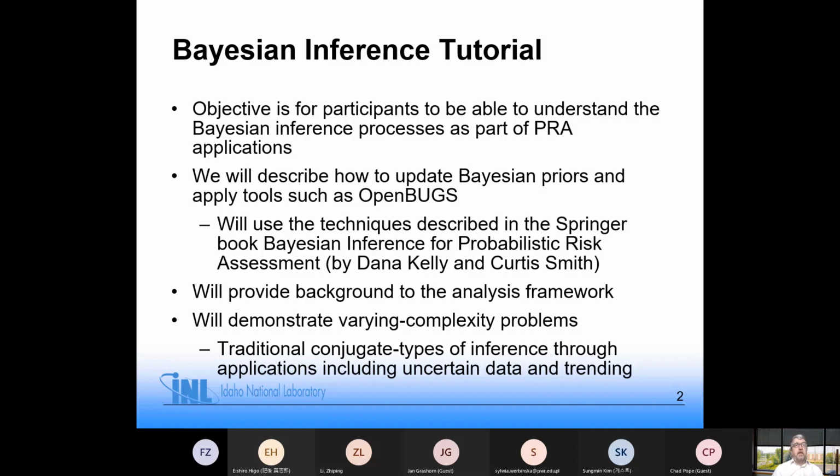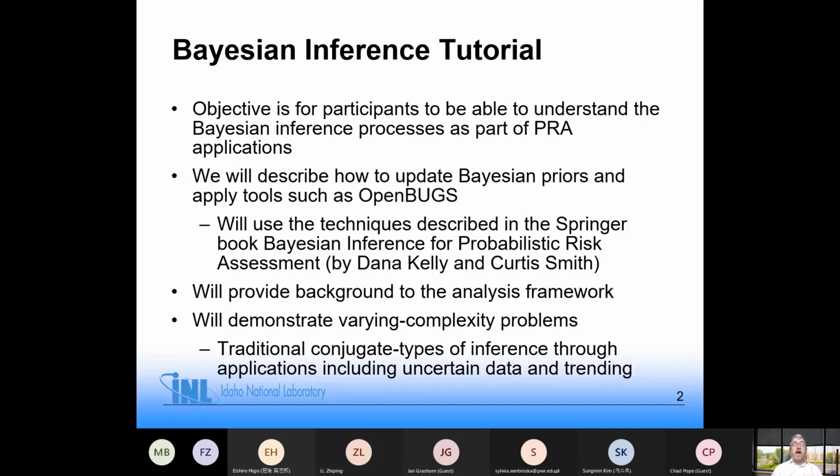We'll talk a little bit about what's in the book, and we'll actually hit some of the subjects in the book. We don't have time to go through everything that's in that text, unfortunately. But nonetheless, that book and the slides will go through what it means to say we're going to use Bayesian analysis for PRA types of problems.